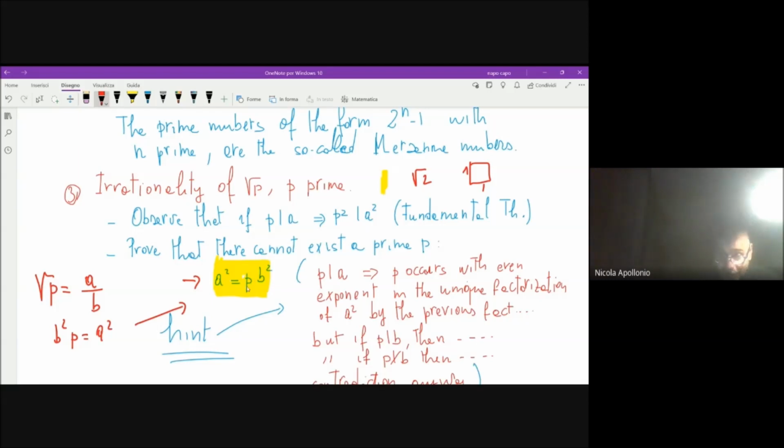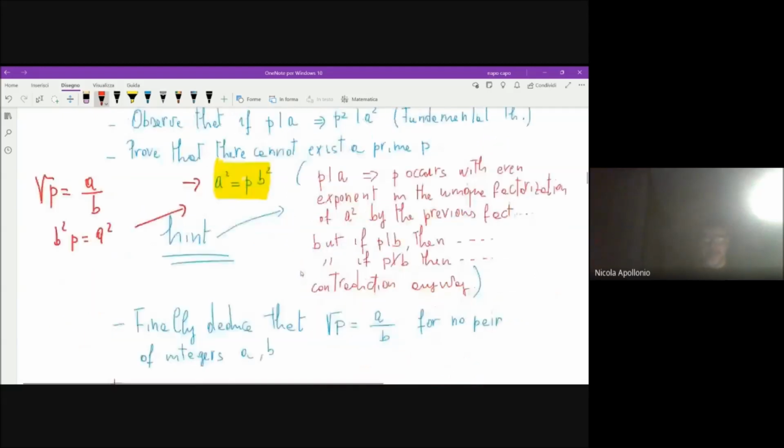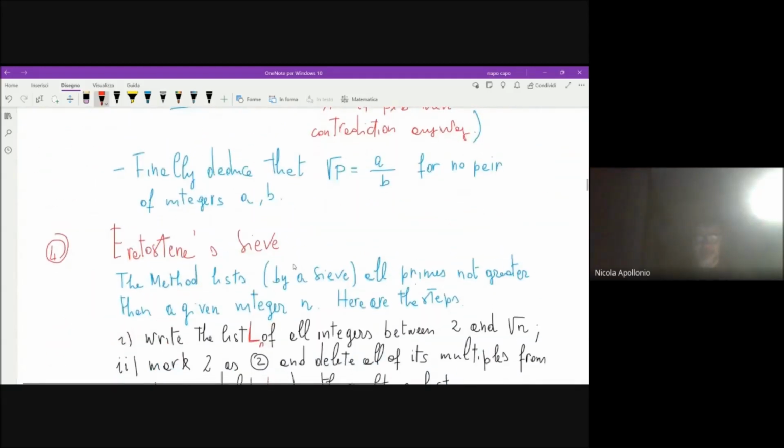However, it cannot, because every factor of B squared must occur already an even number of times. So the exponent of P in the factorization must be at the same time even and odd, which is impossible. Think about that.